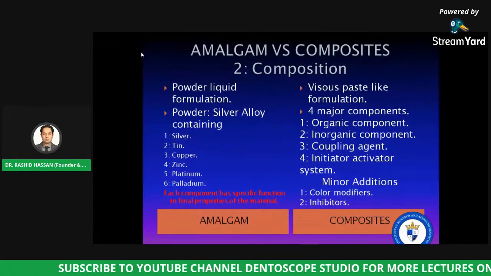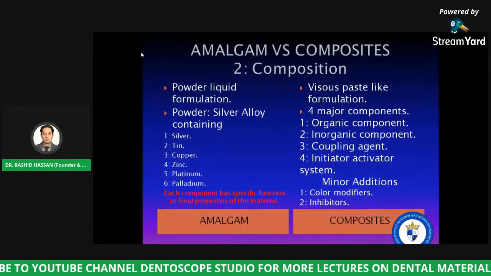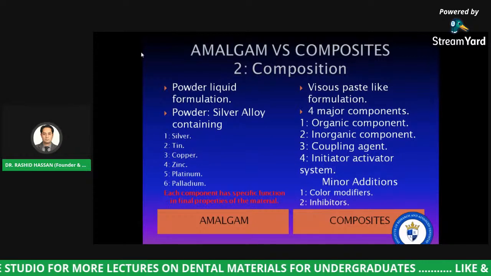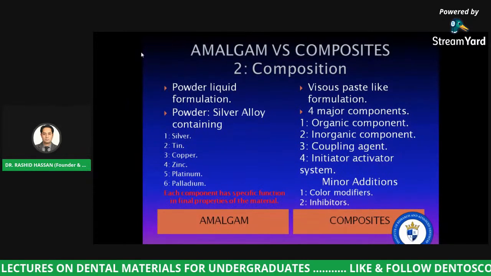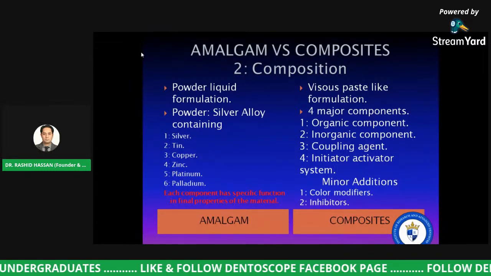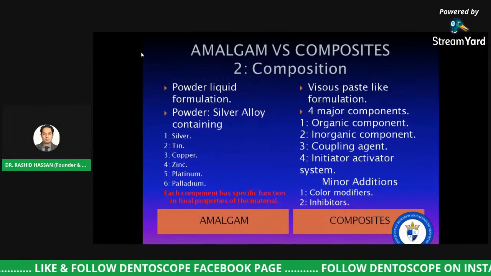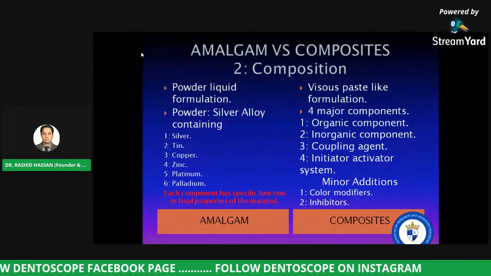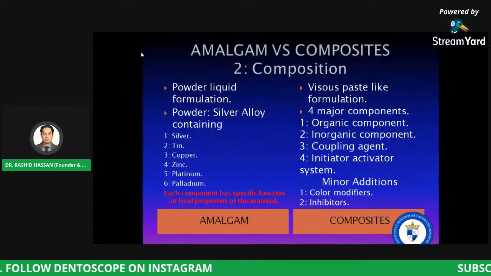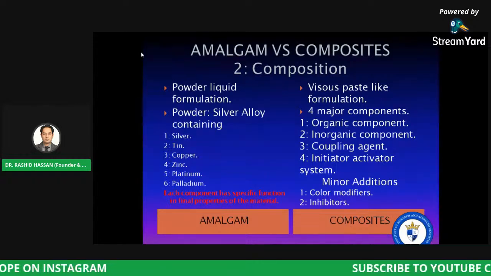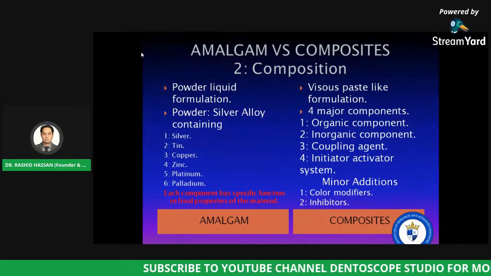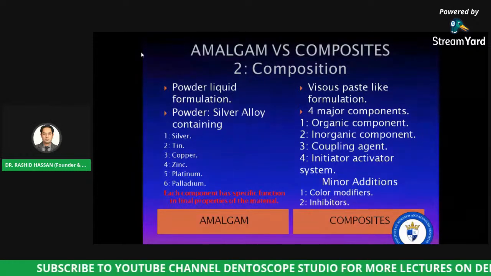In case of light cured dental composites, the light activated dental composite, there is a very, very important photoinitiator. That's very important from your viva point of view as well as for your MCQs: the photoinitiator in the light activated dental composite is called camphorquinone. Camphorquinone is a light activated element, or you can say the initiator, which is present in the dental composite.